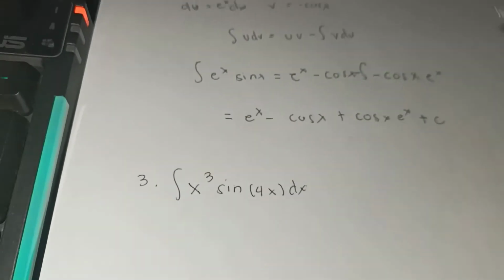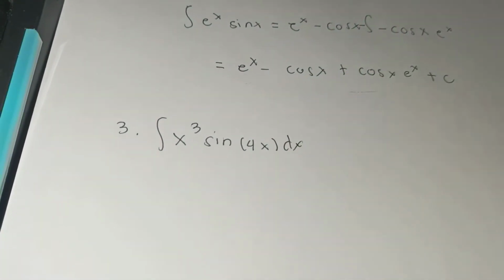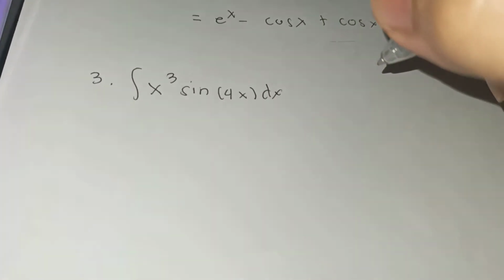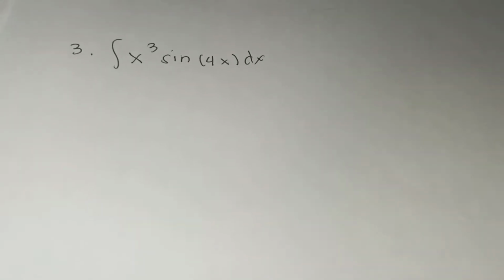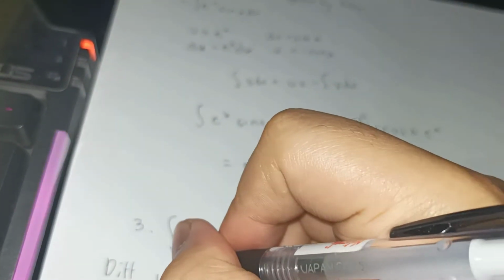Now we're on our way for the second example: the integral of x cubed sine 4x dx. The first thing we need to do is use the differential and integral method.